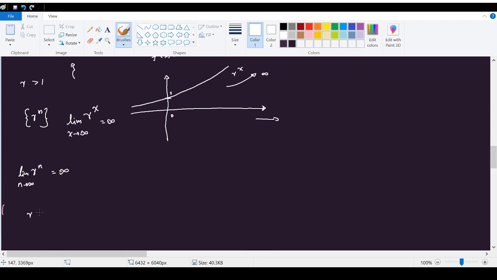Let's take the case where r is less than 1. When r is less than 1, once again we can consider the function r to the power x. If r is less than 1, let's take a number like 0.5. You can see that when you take higher powers of this number, which is less than 1, the value will be reduced.